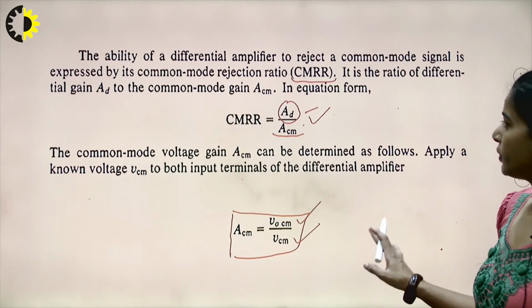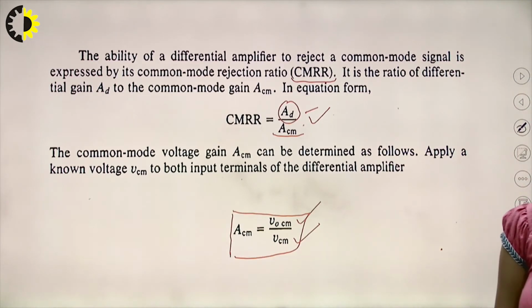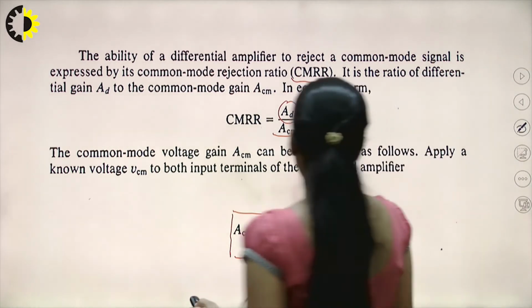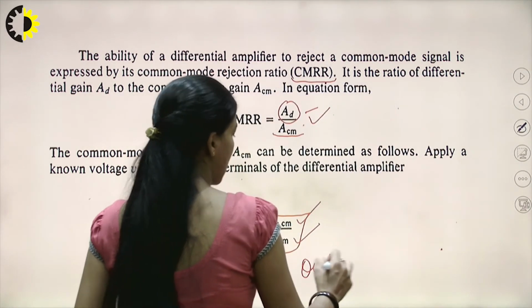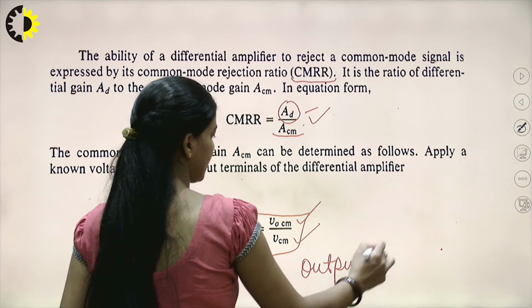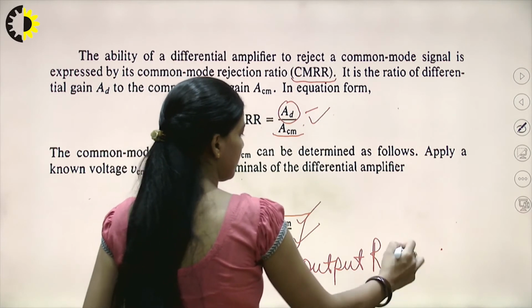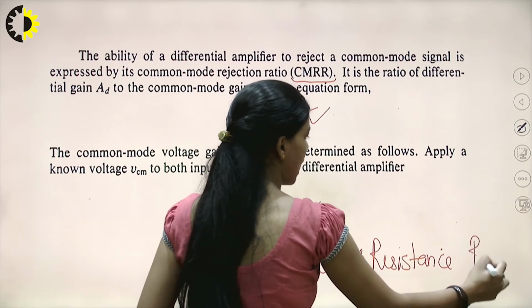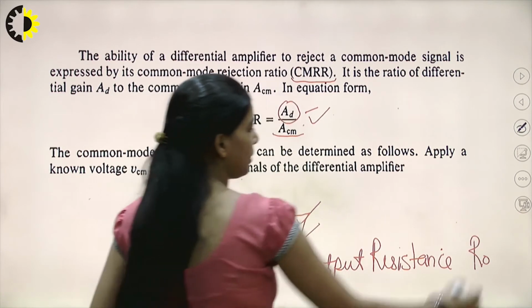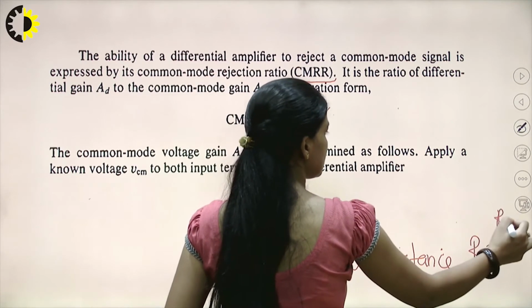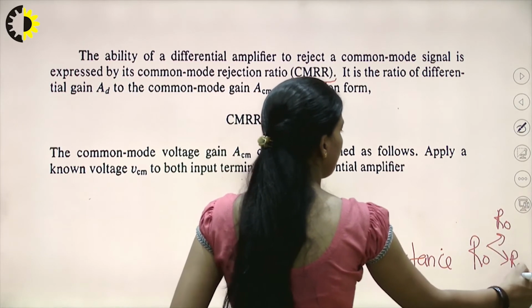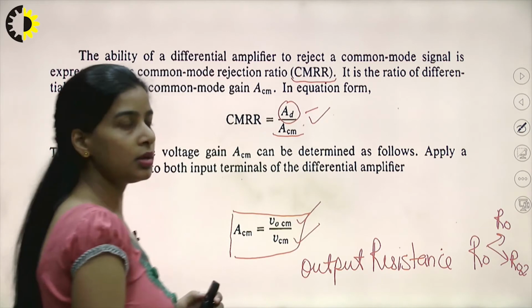One more thing with this dual input balanced output configuration is its output resistance. So, if we want to write its output resistance, so if we see the circuit, let's say it is RO. So, we will be having two output resistances, RO1 and RO2, because we have two collectors.